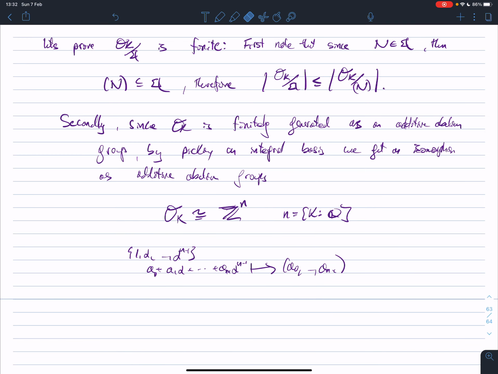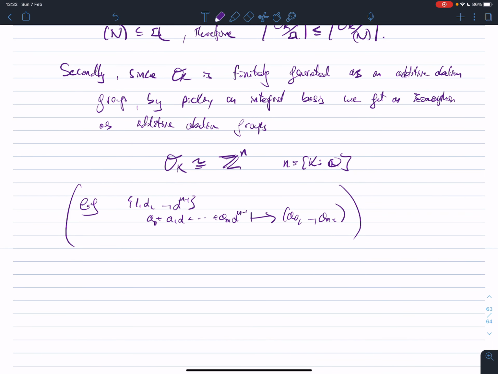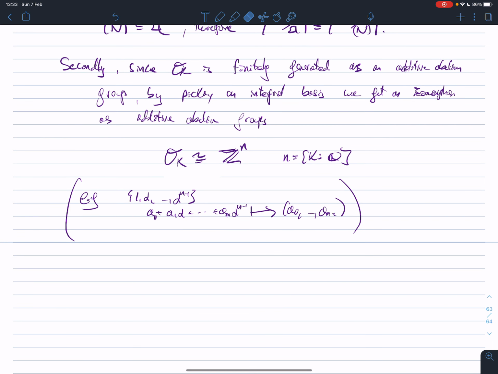So once you pick a basis, say a power basis, every element can be written in terms of the power basis, and the coefficients give you this isomorphism. Anyway, that's a detour. All we care about is that O_K looks like some Z^n.